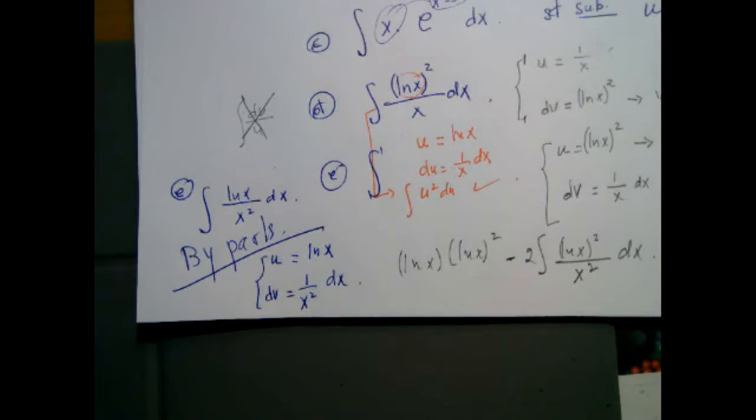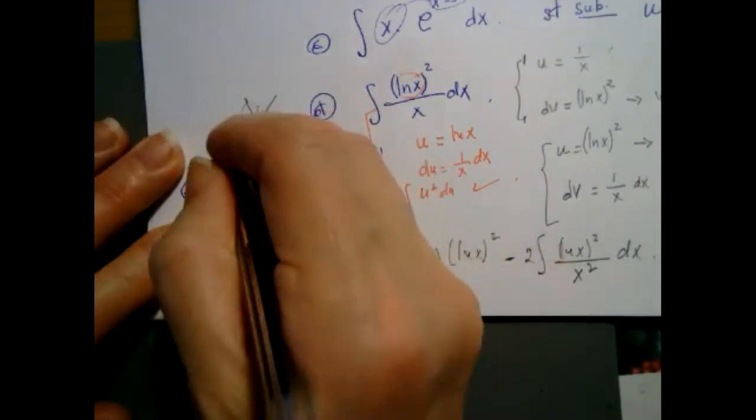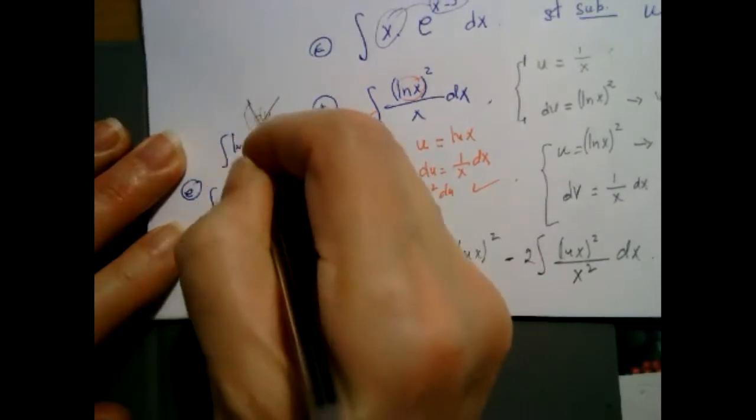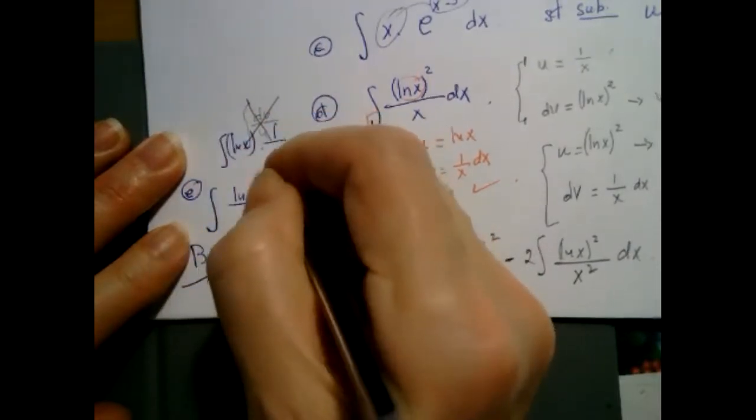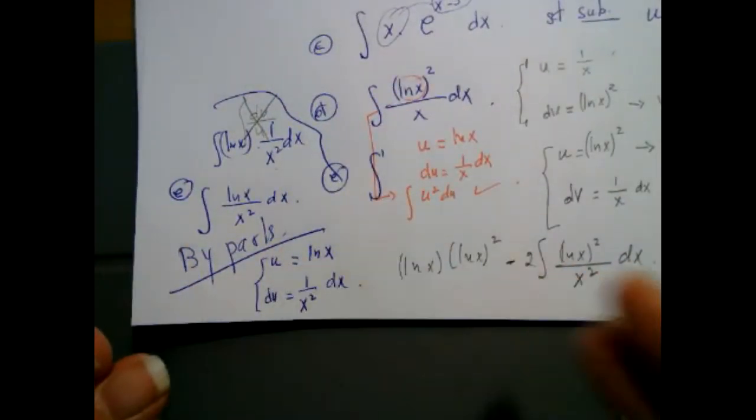Okay, so the second part usually is what I said, the leftover, whatever is left. If you put u to be ln, what's left? This is going to be written ln of x times 1 over x squared dx. That's really what I mean by the leftover. It has to be a product, u dv, for the integration by parts.